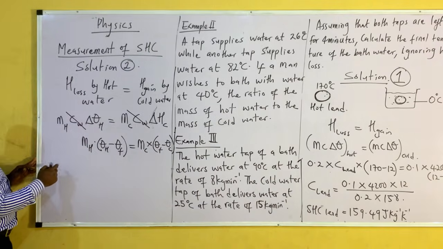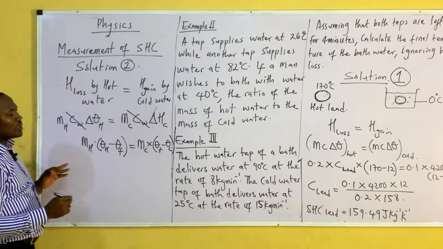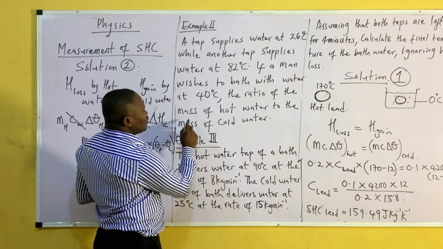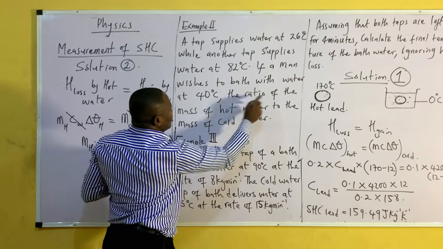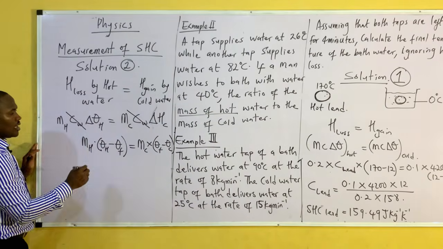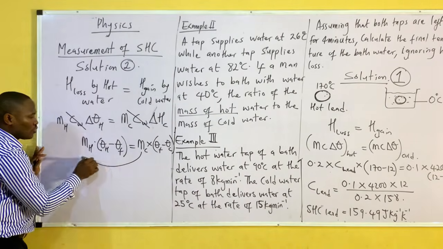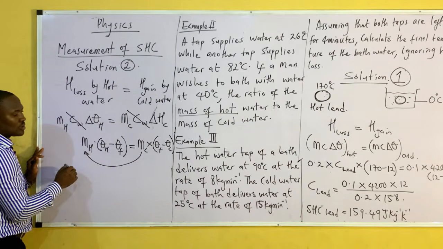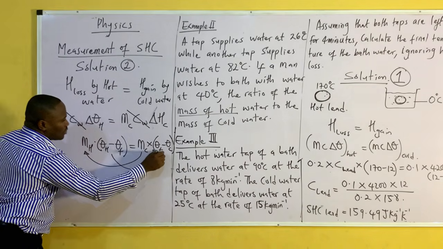Now let's put this in. Remember, what are we looking for? We are looking for the ratio of the mass of hot to the mass of cold water. So it means let the mass of cold water come under the mass of hot water, then this will now go under this.